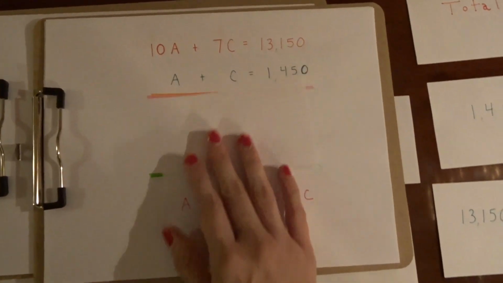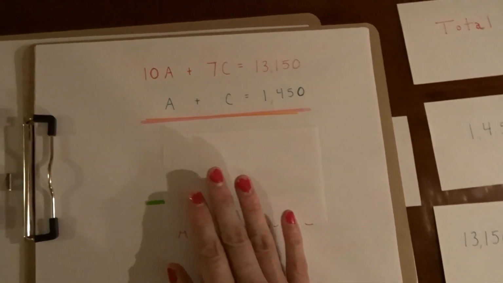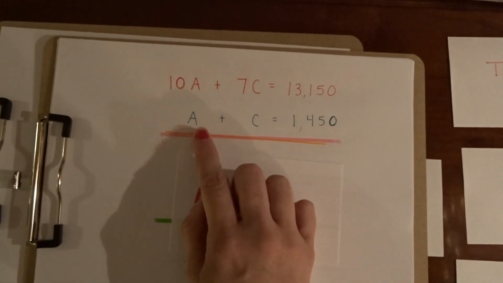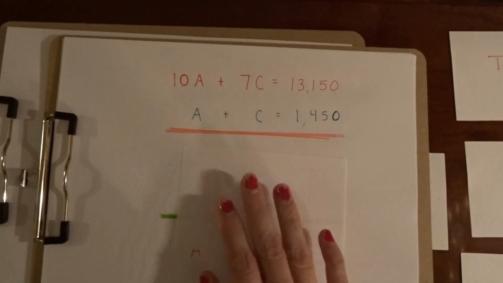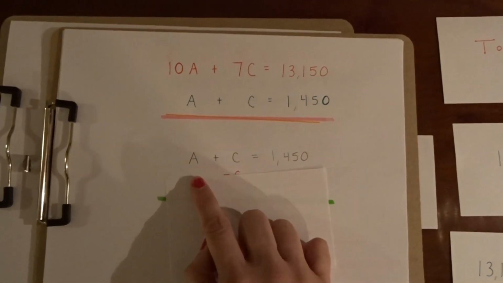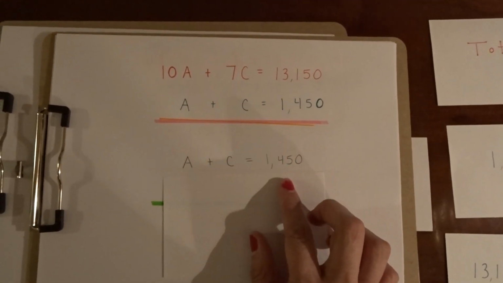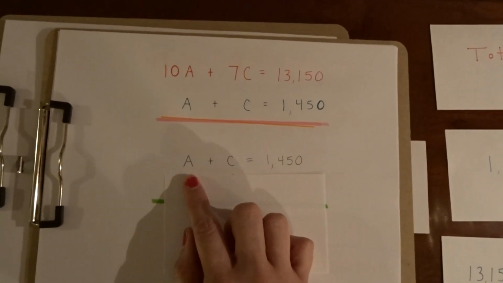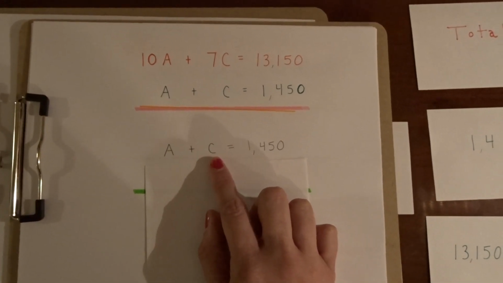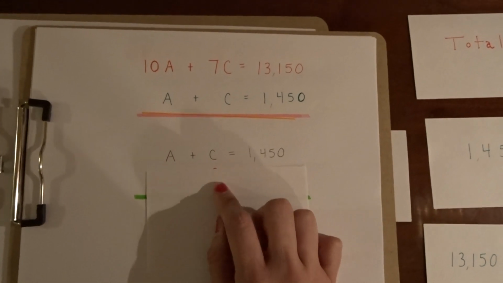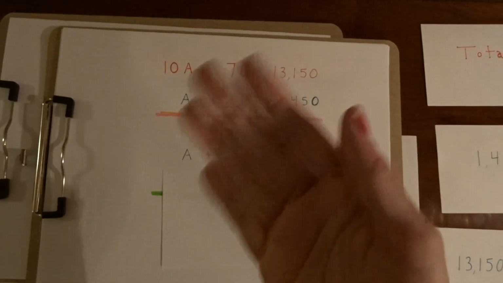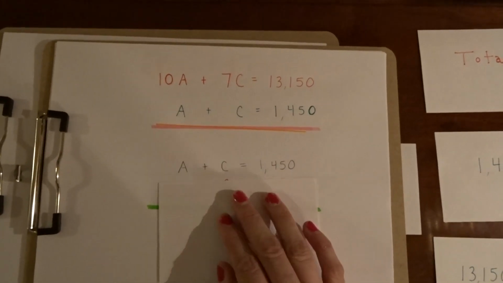So here is the system of equations. What we're going to do, we're going to isolate this variable a. So I rewrote just this equation. So we have a plus c is equal to 1,450. Let's go ahead and solve for a. So getting a alone, we can actually subtract c on both sides of the equal sign. Because right here we have a plus c, opposite of addition is subtraction.